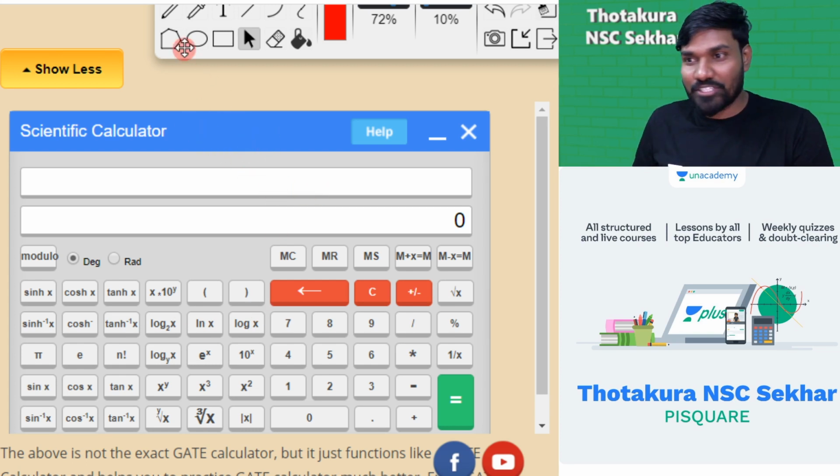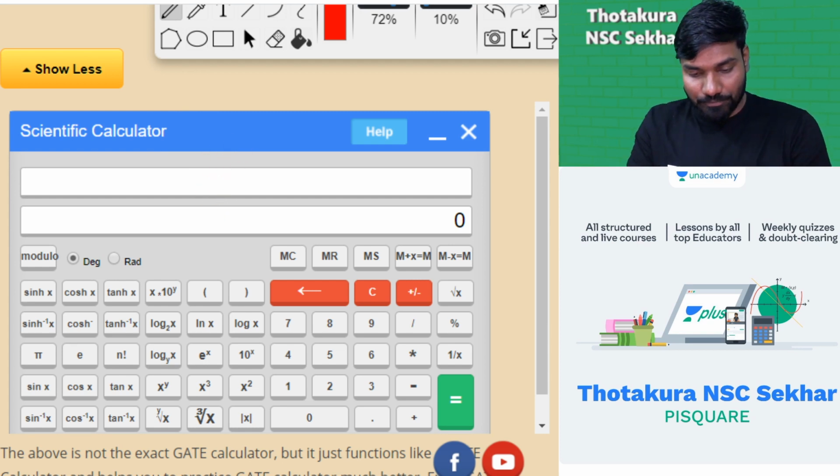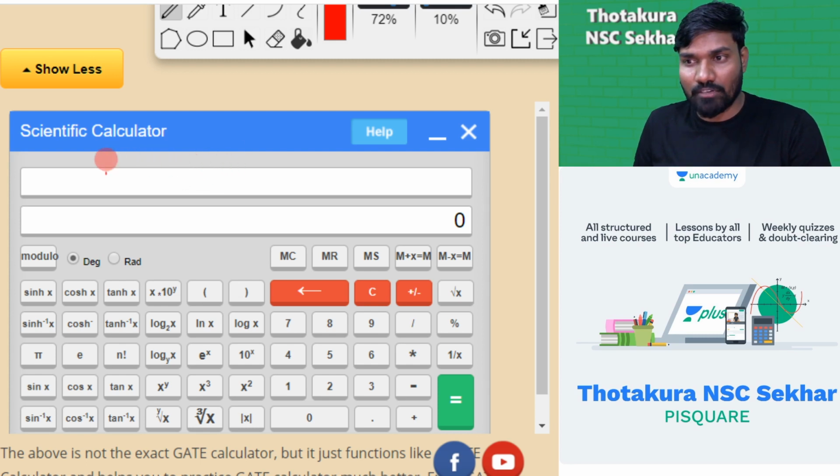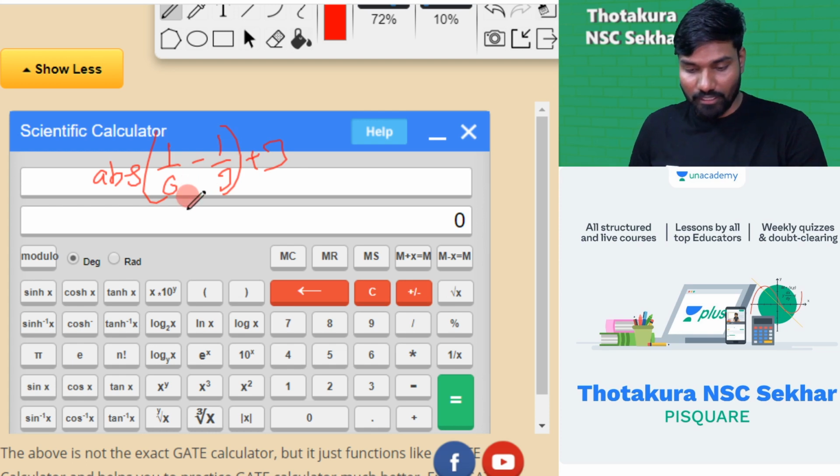The next operation we'll do. For the sake of time, I'm only doing the important parts, so you find the remaining parts. Let me now go for ABS of 1 by 6 minus 1 by 3 plus 3. Okay, I'll have to perform this.